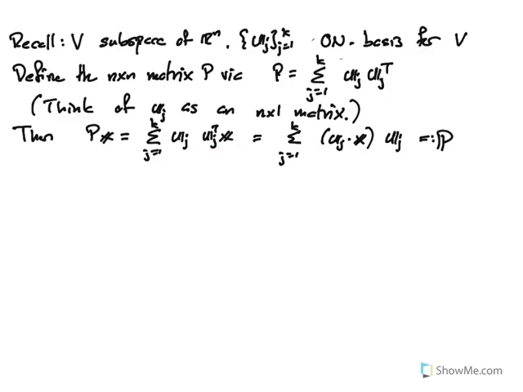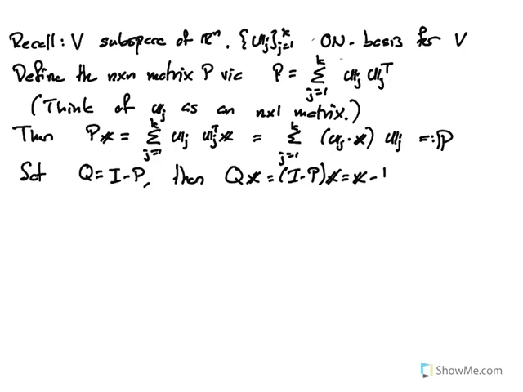Like so. Then, if I set Q to be the matrix that's identity minus P, then Q times the vector x is I minus matrix P times x, which is x minus matrix P times x, which is x minus vector p, which is the vector q we defined on the previous slide.